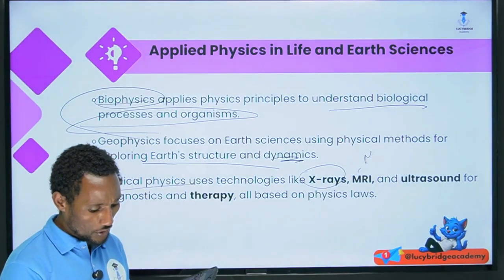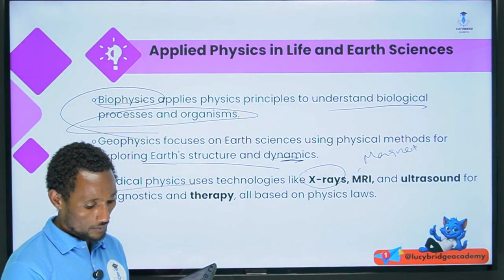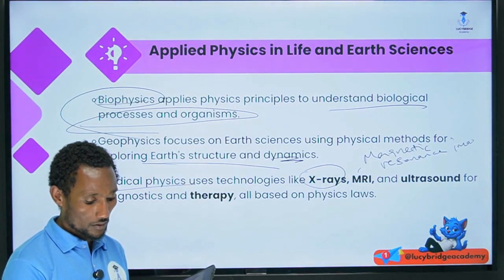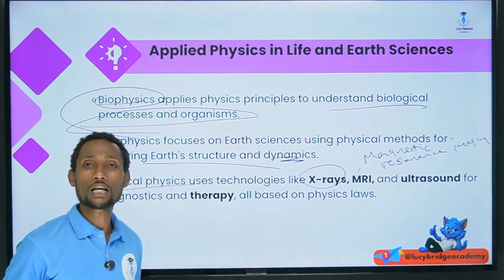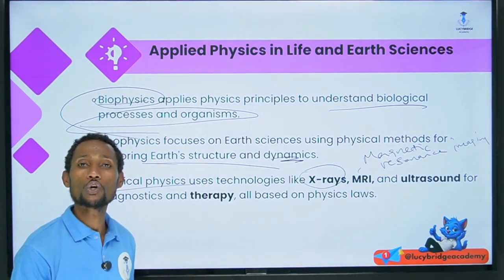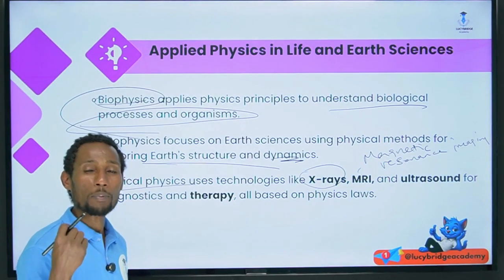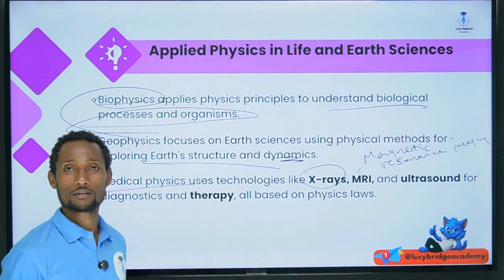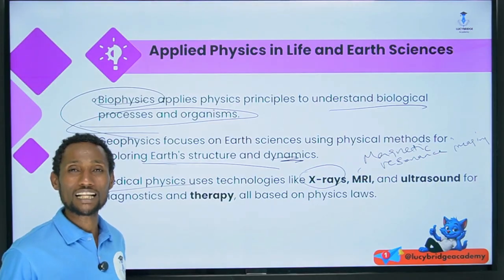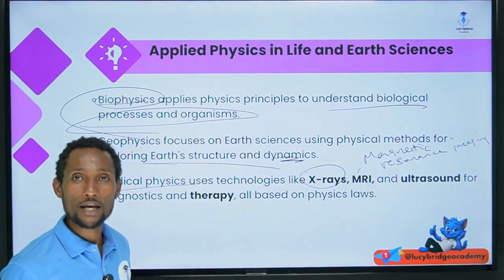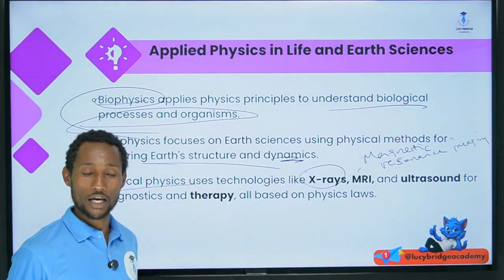MRI, magnetic resonance imaging, which is used to check the very tiny particles found in our brain. Magnetic resonance imaging is mostly used for brain MRI.